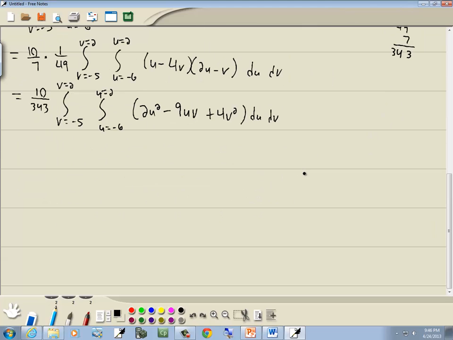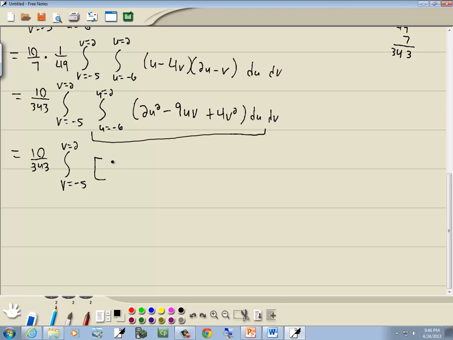And now we're ready to start taking our integral of this. Let me double check my math up there. Yeah. Okay, so work with the inner one. So this gives us 10 over 343, from v equal to negative 5 to v equal to 2.